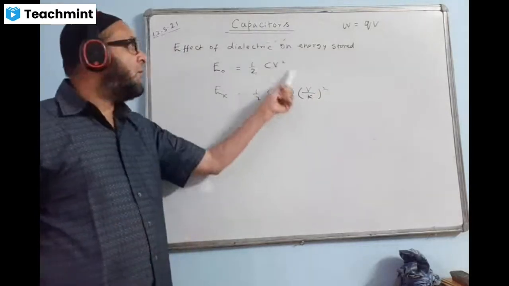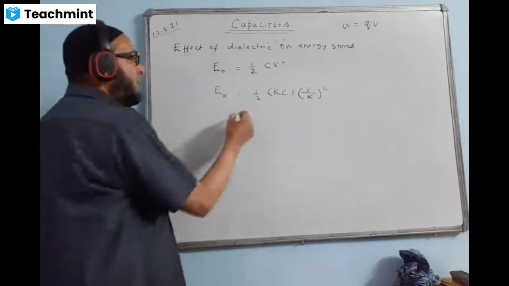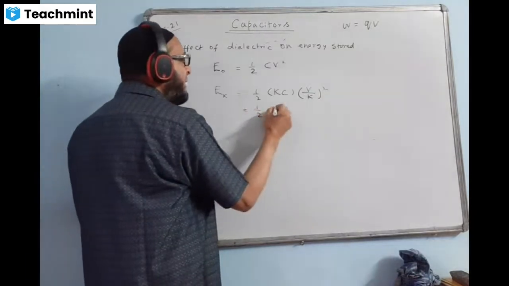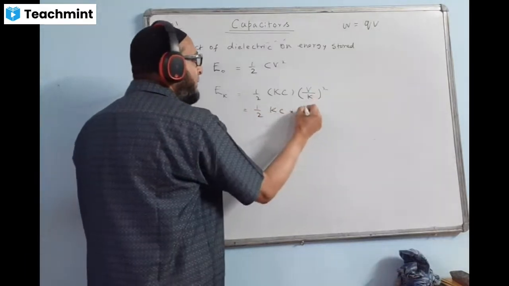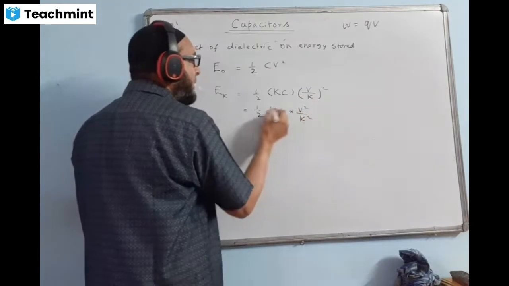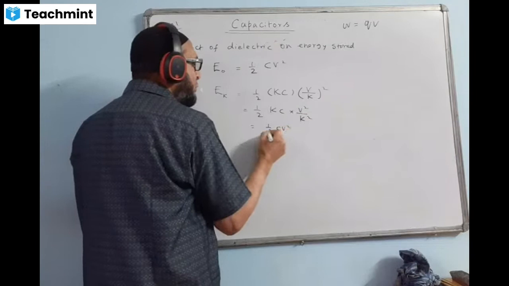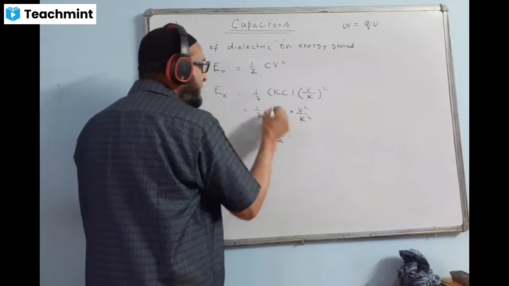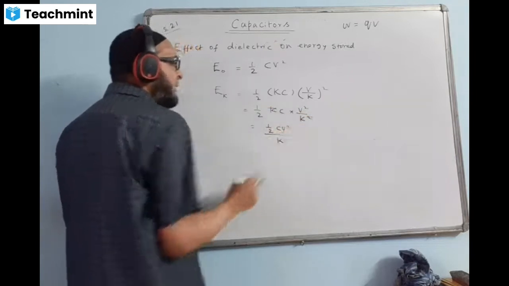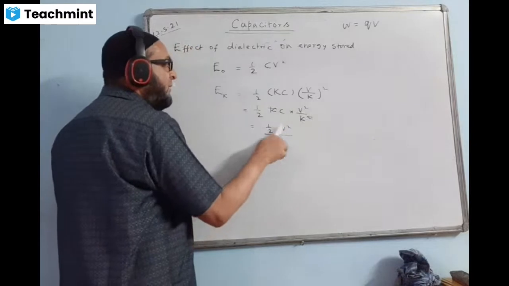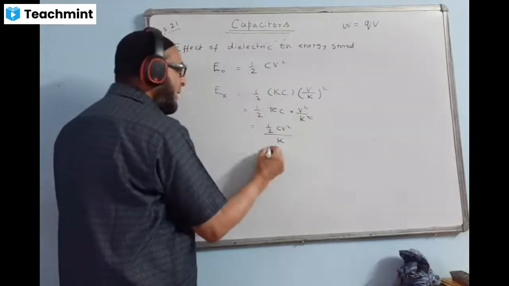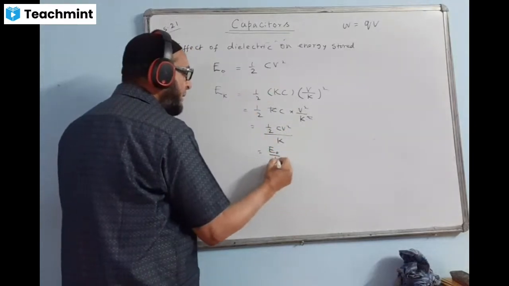And there is a square over here, so I will put a square. Now next line, half KC, here V square by K square. K and K cancel. You get the answer half CV square divided by K. One K cancels, one K is left over. Half CV square is the value of E naught. So E naught divided by K.